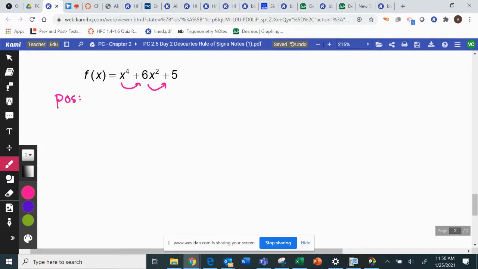Luke, how many sign changes we got? 0. So for negative, we're going to put in negative x. I'm going to simplify. Anytime I have a negative x to the 4th power, it doesn't change the sign.